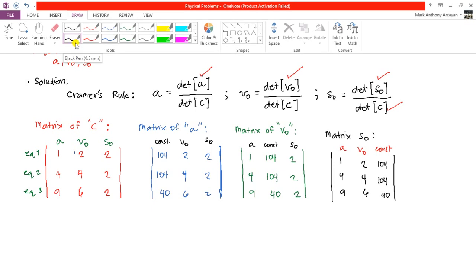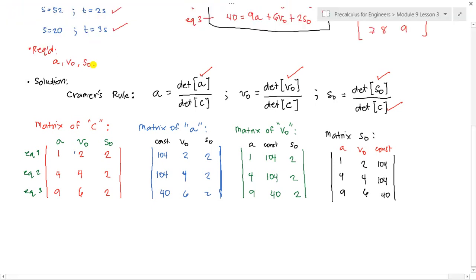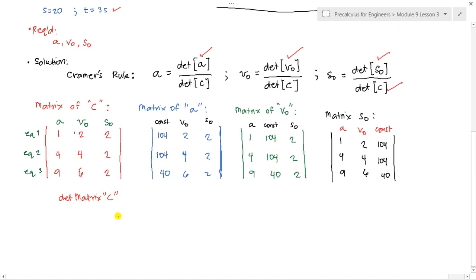Okay, so here, ato tagsa-tagsaon pag-solve ang ilang gitawag nga determinant nga operation. So let's start with matrix C. We're going to solve for the determinant of matrix C, that is the coefficient matrix. Now to solve for the determinant of this matrix, this is a 3 by 3 matrix.